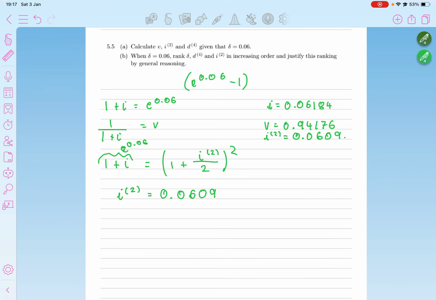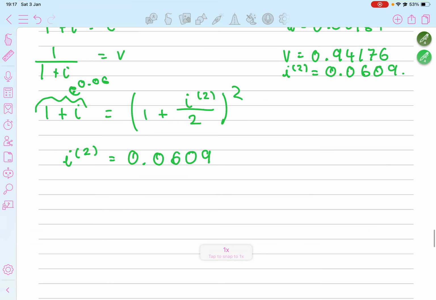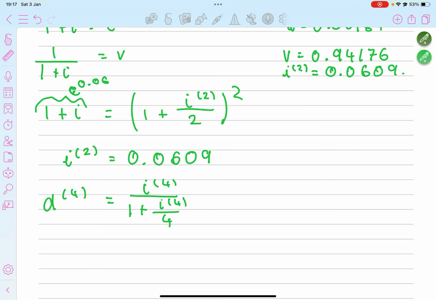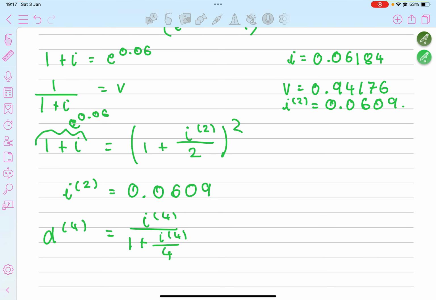And then d4. Okay. The relationship is d4 is equal to i4 over 1 plus i4 over 4, because that's what it's like when you're converting nominally. So first we find i4, by doing it nominally.